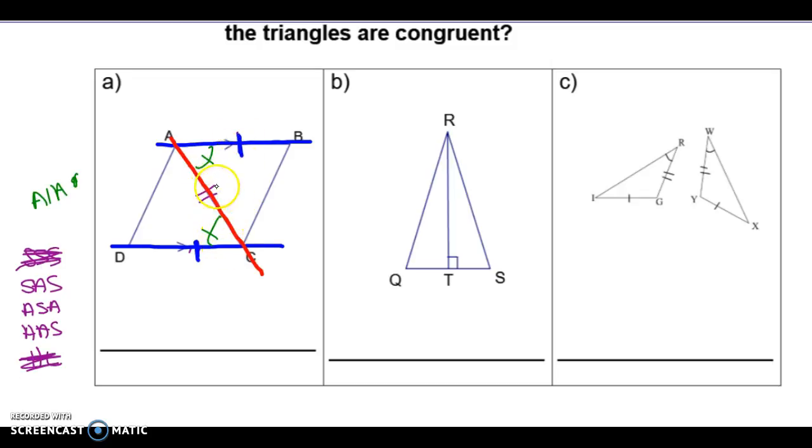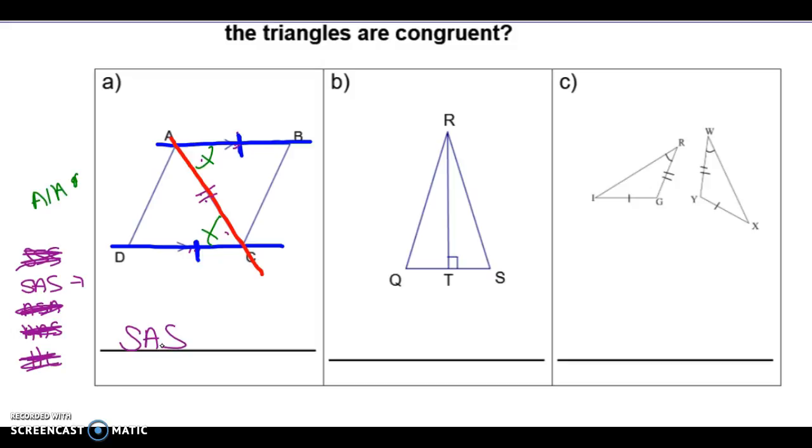I have two sides marked, so it can't be angle, angle, side, or angle, side, angle. We just have to make sure that this angle is between the two sides. So if I can read side, angle, side and side, angle, side, then I'm good. My angle is between my two sides, so I can name these congruent by side, angle, side.